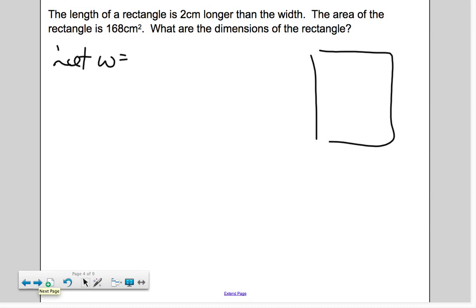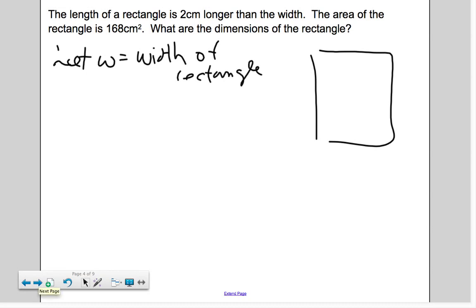Width. Okay, if I was going to choose length, I would choose a different letter. I would choose K. So W equals the width of the rectangle.